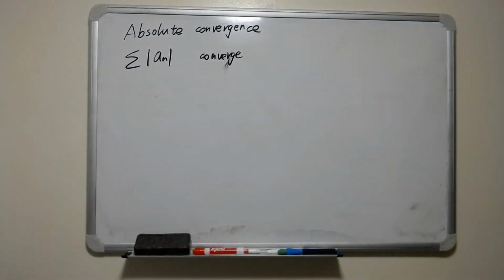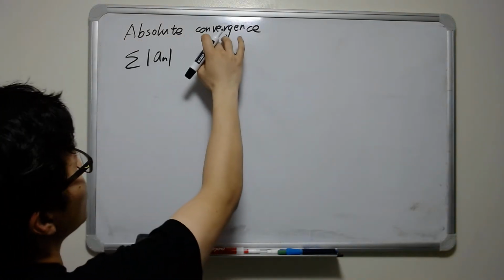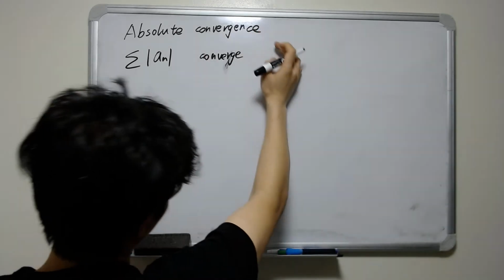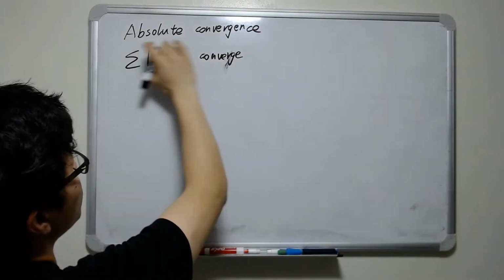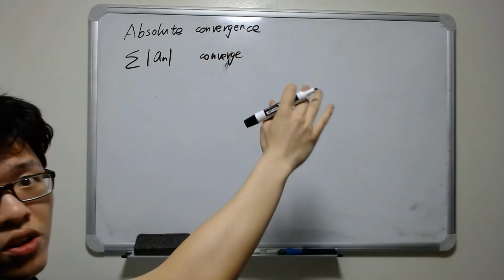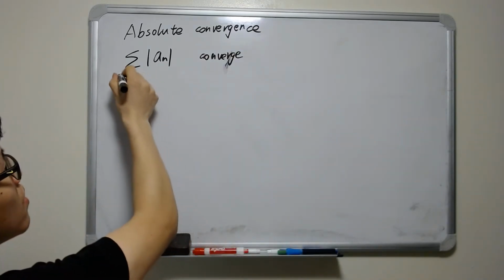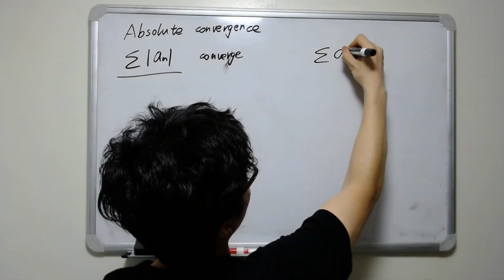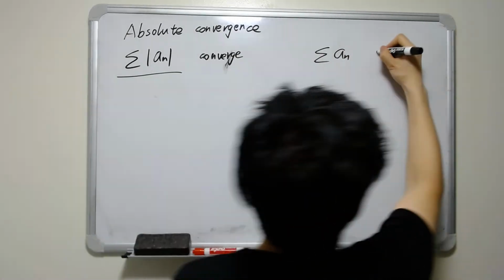Okay, so is there a series that is not absolutely convergent but still converges? I mean, the summation of a_n converges, but the summation of the absolute value of a_n diverges.